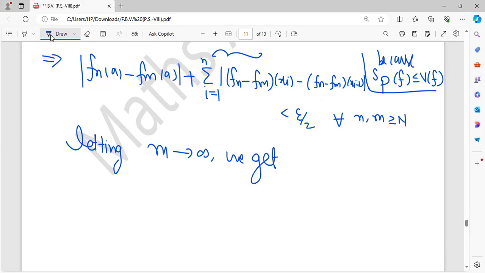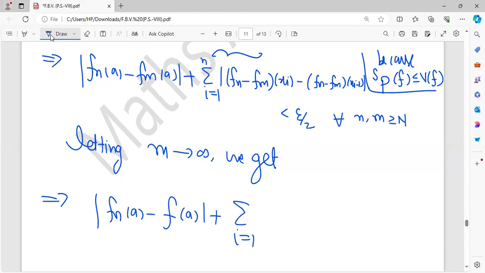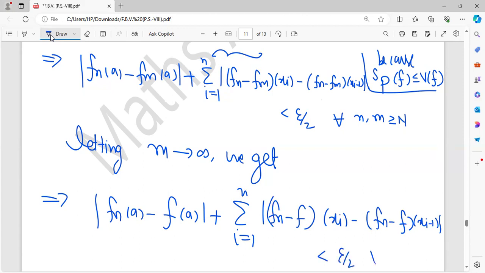Because the function is tending to f(x), we get Fn(a) minus f(a) plus the summation over i from 1 to n of (Fn minus f)(xi) minus (Fn minus f)(xi minus 1) is less than or equal to epsilon for all n greater than capital N. Because Fm(x) is tending to f(x) for each x. Okay. Pointwise convergence. So that is why we are getting this.